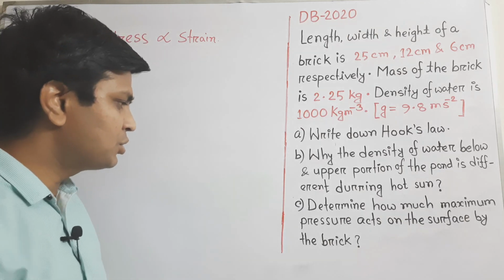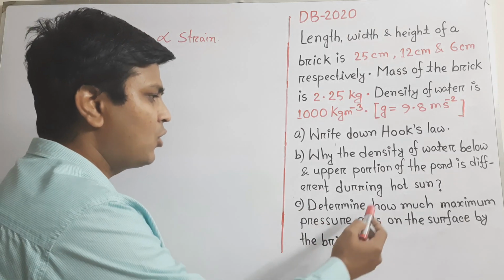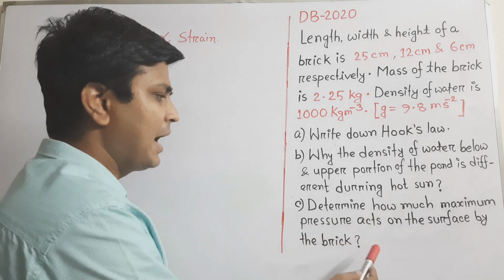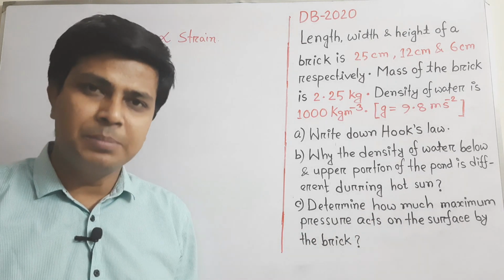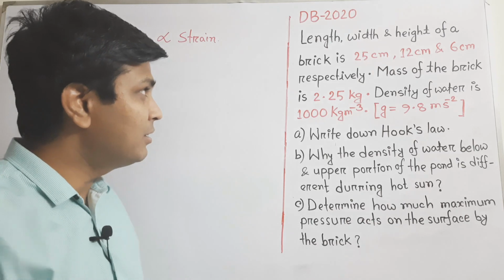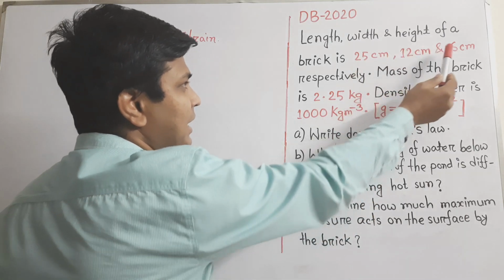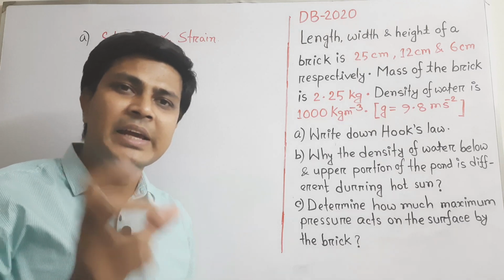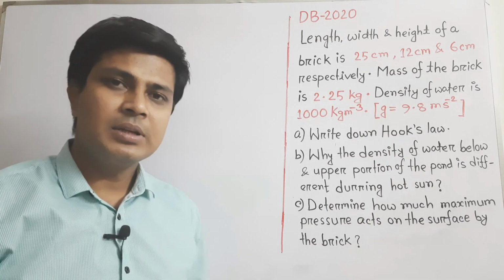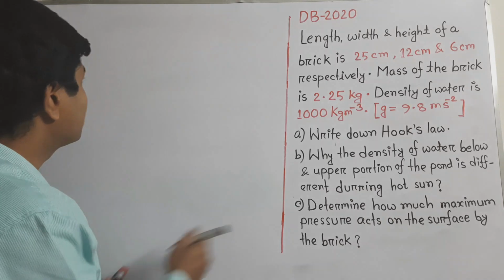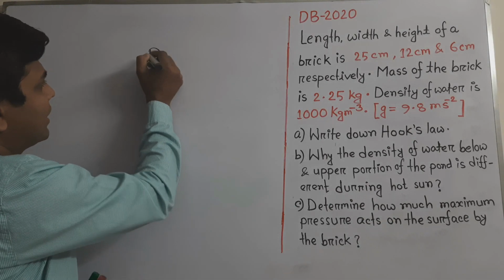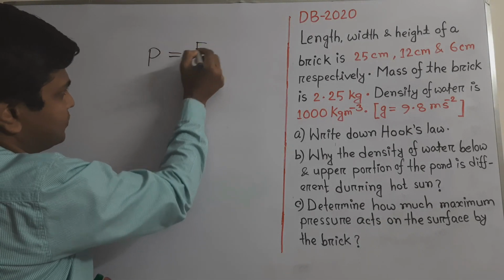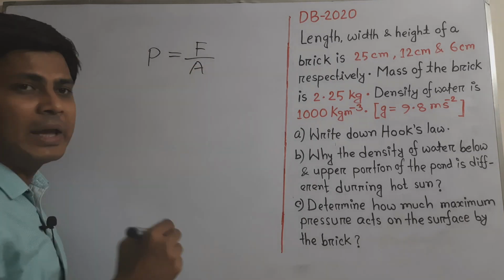The next question, question C: determine how much maximum pressure acts on the surface by the brick. Here you can see the brick has length, breadth and height. And you know, if you want maximum pressure, then the area must be less. We know pressure is inversely proportional to area.